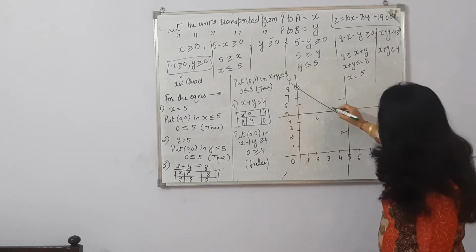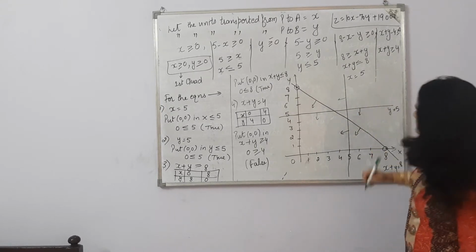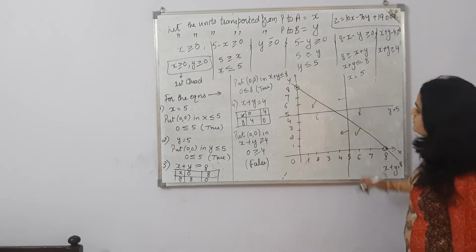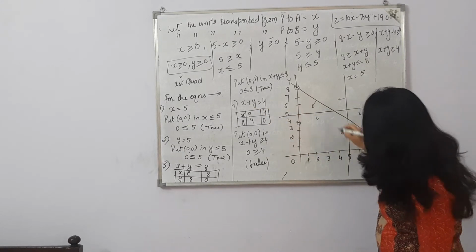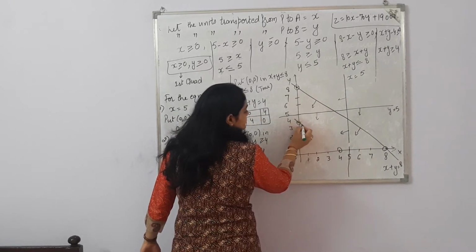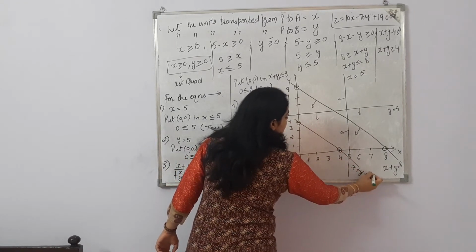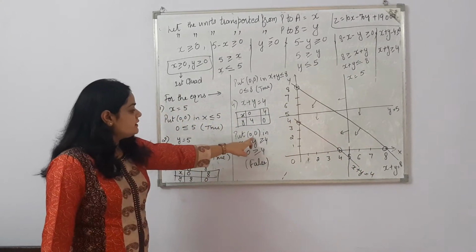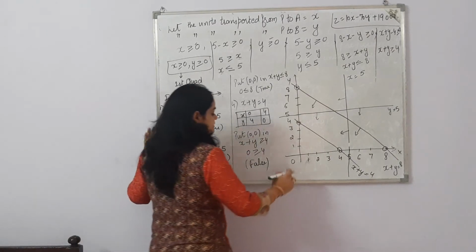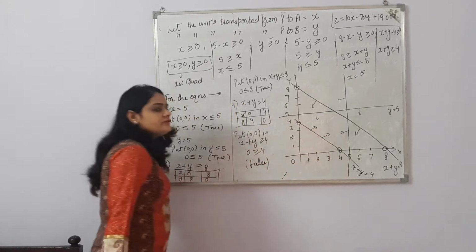Of course shading will be towards 0, 0. And the last line is x plus y equals 4. The points are 0, 4 and 4, 0. This line is x plus y equals 4. And at point 0, 0 the condition is false. So the condition is false, that means away from the origin, it is the upward side.